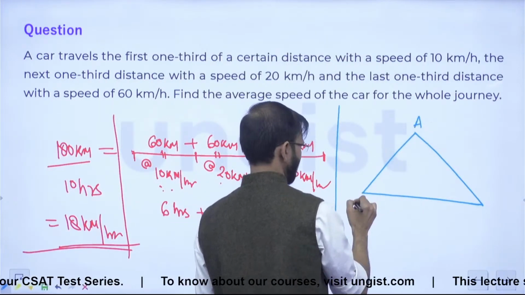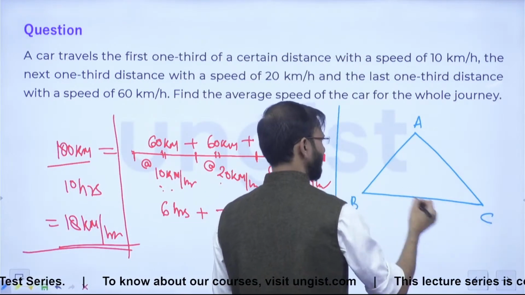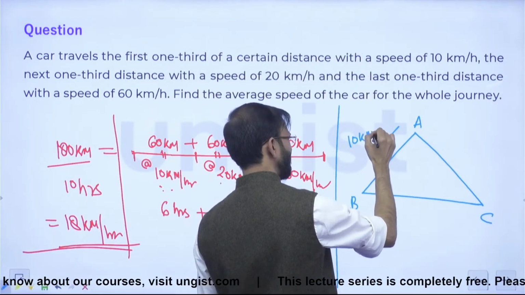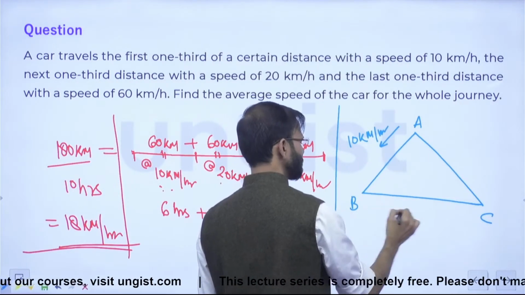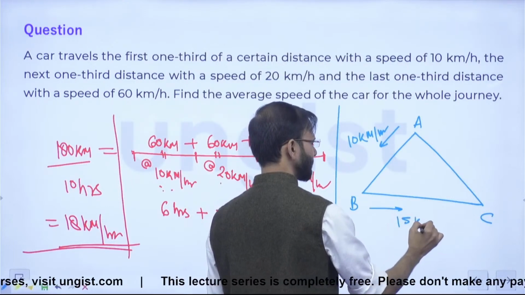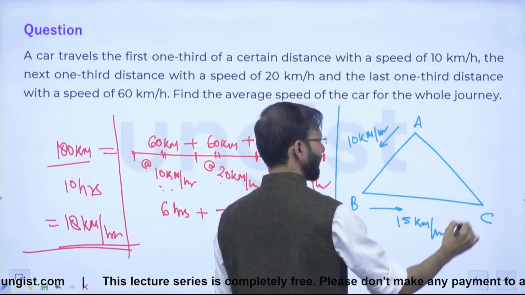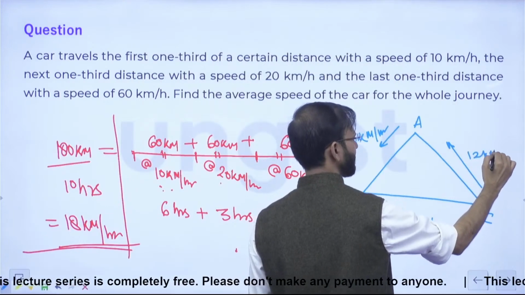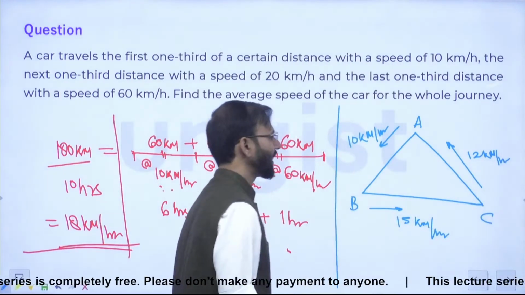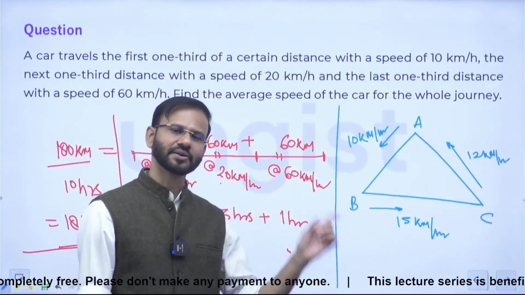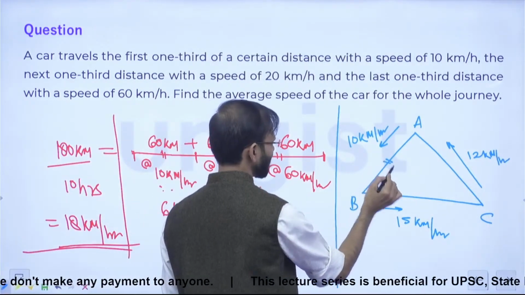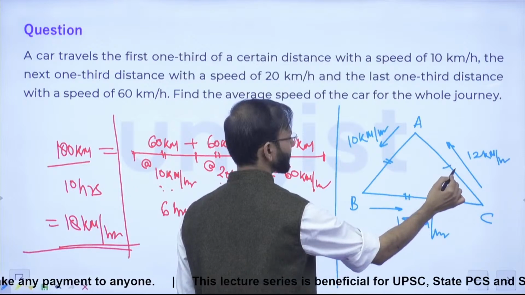A, B, C. A man goes from A to B at the rate of 10 km per hour, B to C at the rate of 15 km per hour, and C to A at the rate of 12 km per hour. What is the average speed during the entire journey? I repeat, it is an equilateral triangular field.